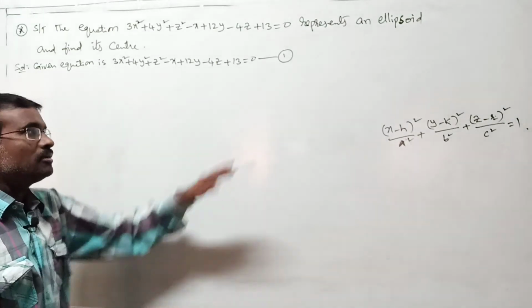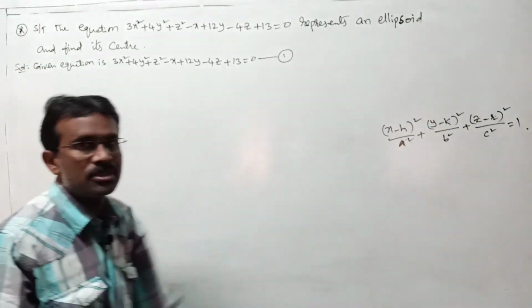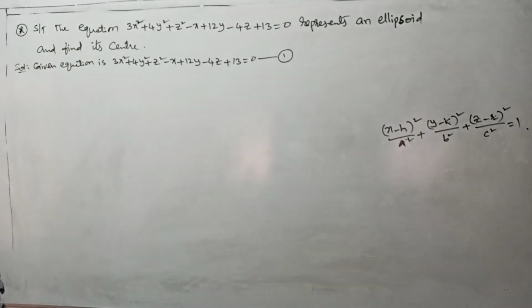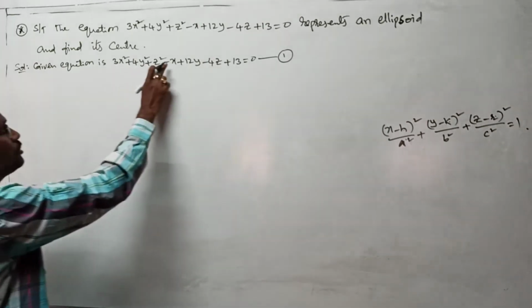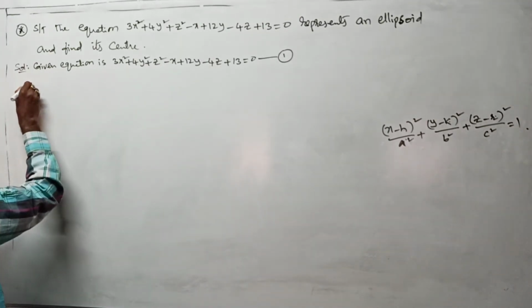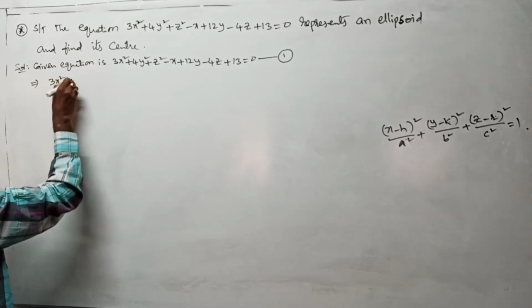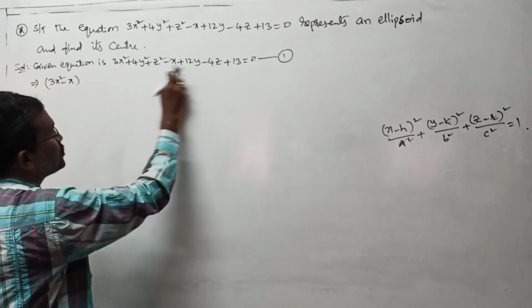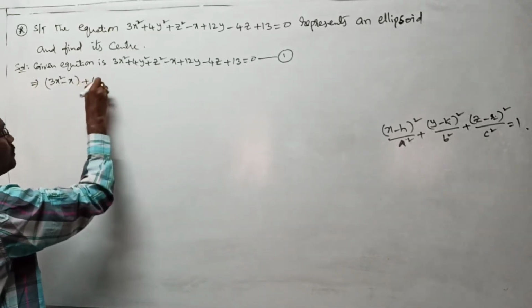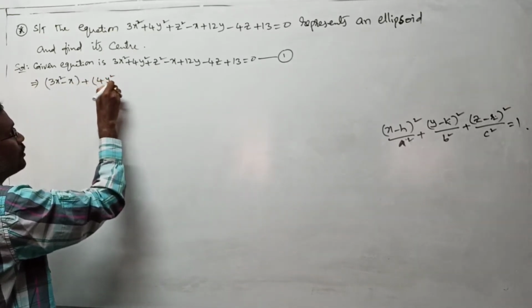Whether this representation is possible or not, we are doing some mathematical work. For that, first I want to write x terms, y terms, z terms combinations. X terms: 3x square minus x. Next y terms: plus 4y square plus 12y.